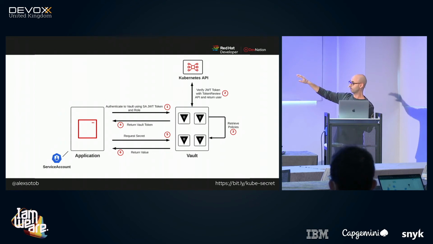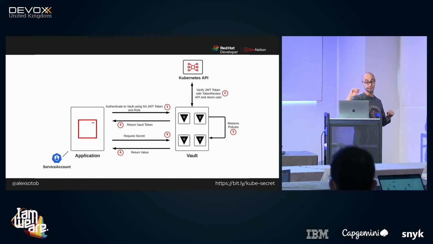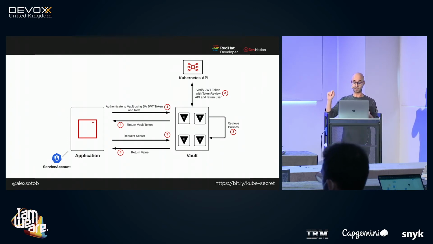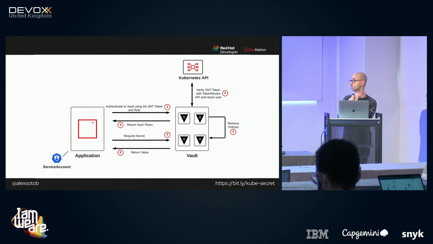Then basically, Vault will send this request to the Kubernetes API server and verify the JWT token that you have sent from the application, because remember that this JWT token is in the pod or in the container and is sent automatically. If it's verified, it says, okay, I know that this token is valid because it has been provided by the Kubernetes API server.